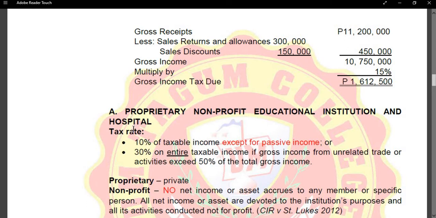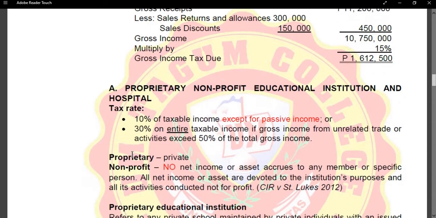So in general, proprietary non-profit educational institutions and hospitals are taxed at 10% income tax. Again, however, if their income from unrelated activities exceeds 50% of the total gross income, then such proprietary non-profit educational institution and hospitals will be taxed at 30% regular corporate income tax.